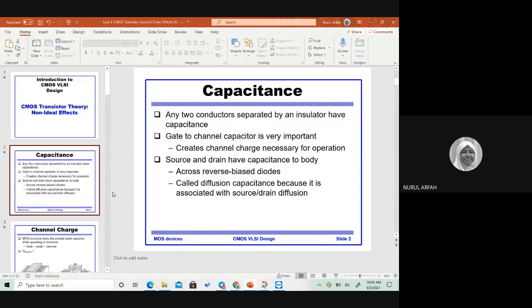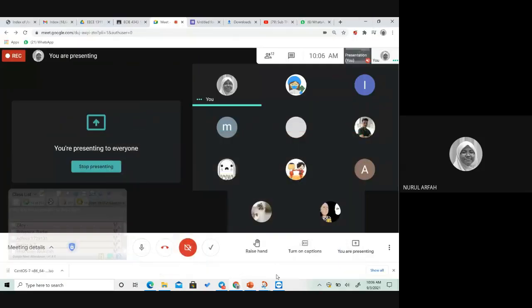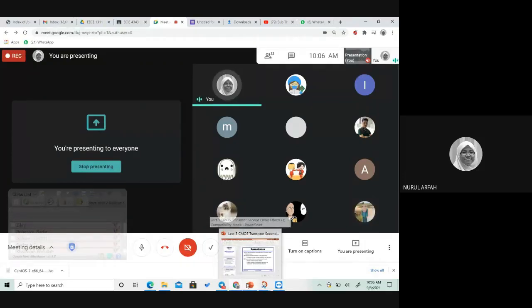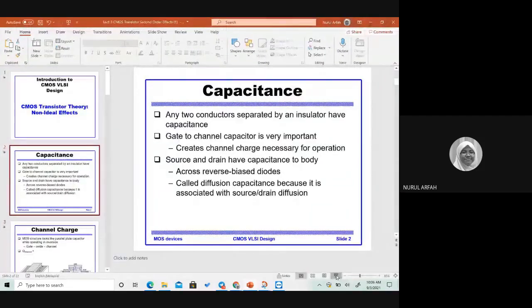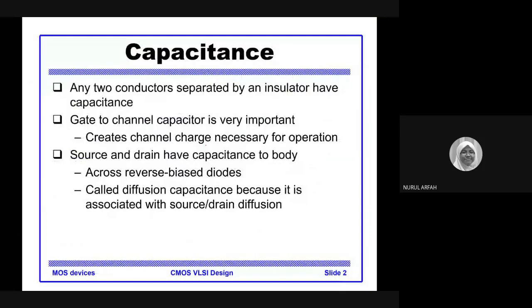Okay, about capacitors. In order to have a capacitance, we know that any two conductors separated by an insulator have capacitance. If you look at our transistor, okay, let me draw.